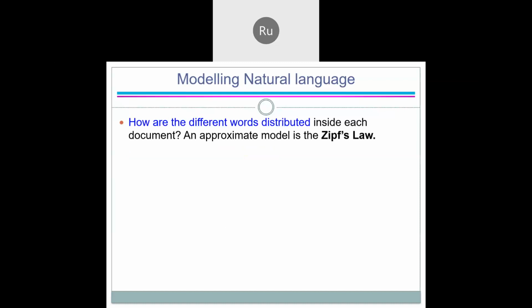They also talk about how the different words are distributed inside each document, because we know that certain words appear many times, certain words appear less.